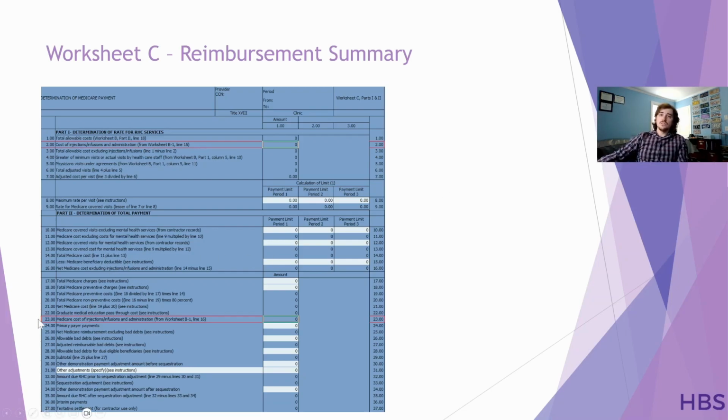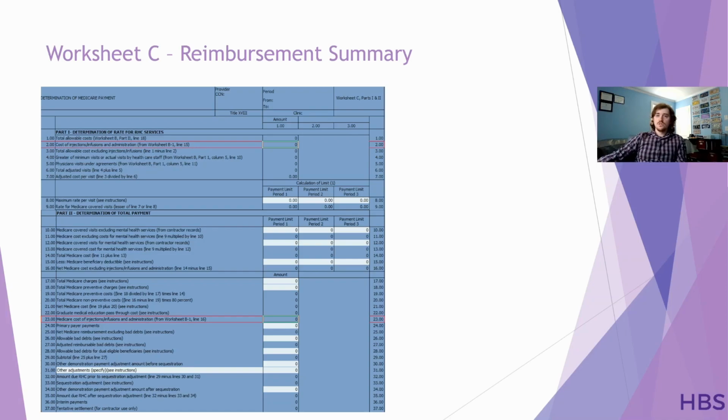That happens on line 23, where the cost applicable to Medicare beneficiaries, which was totaled in line 16 on Worksheet B-1, is included here and included in your cost report settlement. So it's still an allowable cost. It's just not being included in your cost per visit, and it's being reimbursed through a slightly different methodology. And you're getting it all at once on this cost report settlement.